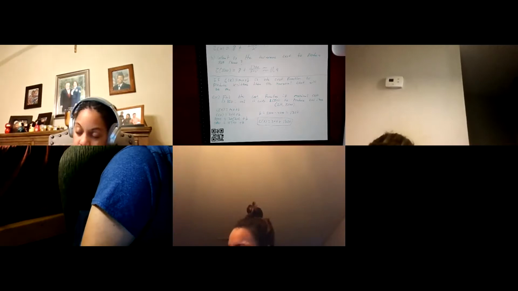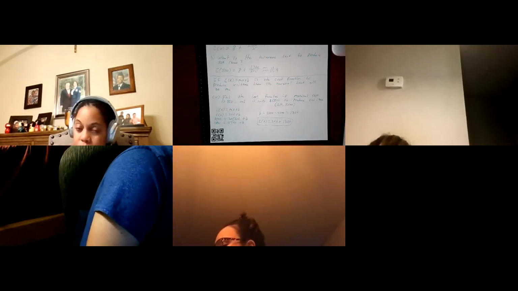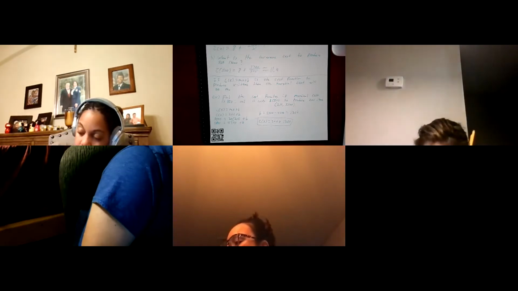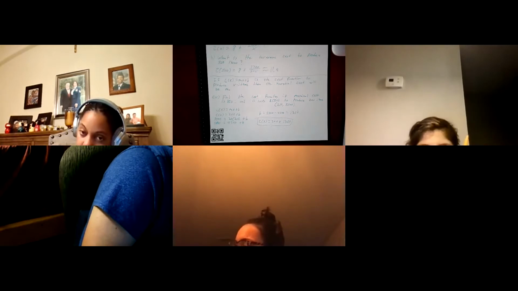So you just need to use the information they give you to figure out what is M and what is B. This is very similar to those line questions. It's just that they're applying it to something instead of being general. So you'll have questions where they'll give you the function like this and ask you, okay, what is the fixed cost?